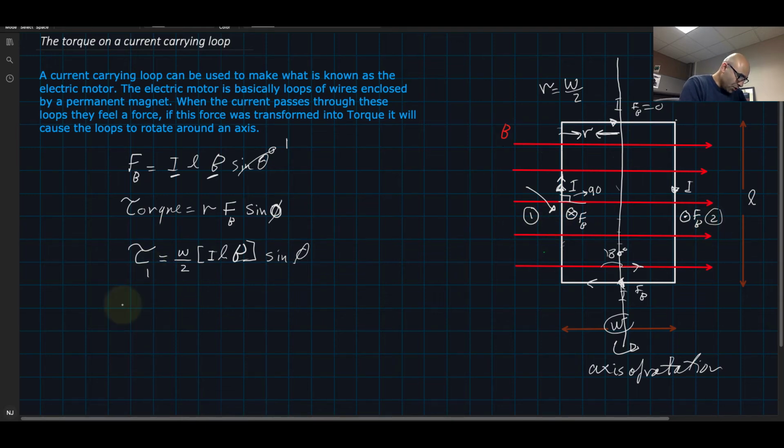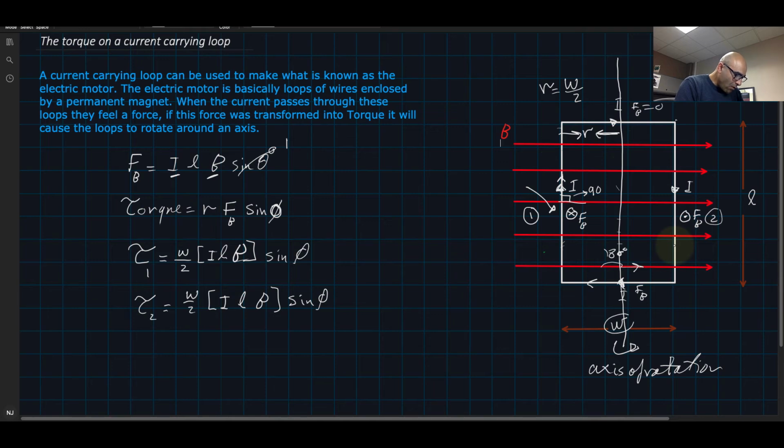Now, torque number 2 is equal to the same thing, W over 2 times the force F_B, which has the same current, the same length, the same magnetic field, and also the same angle, but in the opposite direction. But sine is not going to make any difference, whether it's above 90 or less than 90.